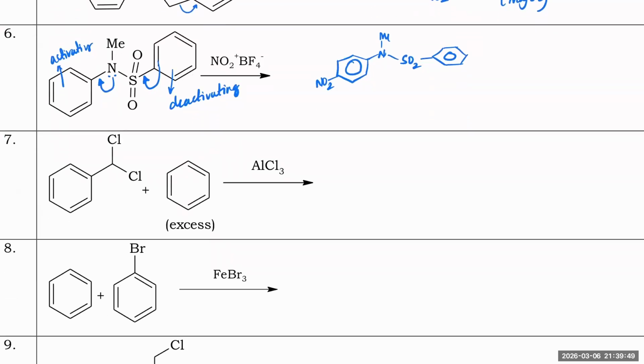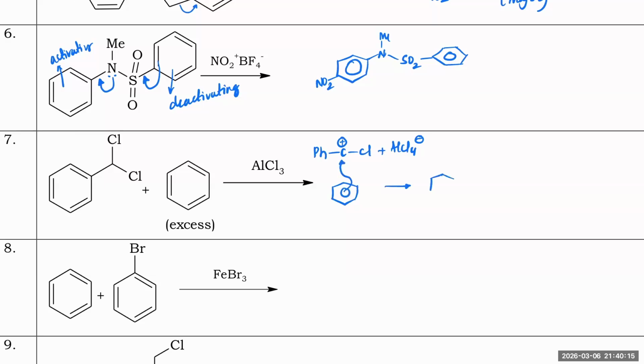Next, I have phenyl in excess. So first we will get PhC plus charge here with Cl, sorry, with Cl and AlCl3, AlCl4 minus. That's how the electrophile is prepared. So the first benzene ring will attack at this position.